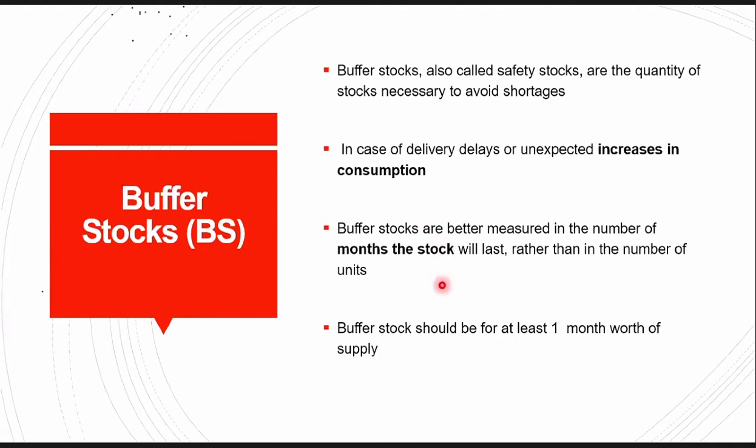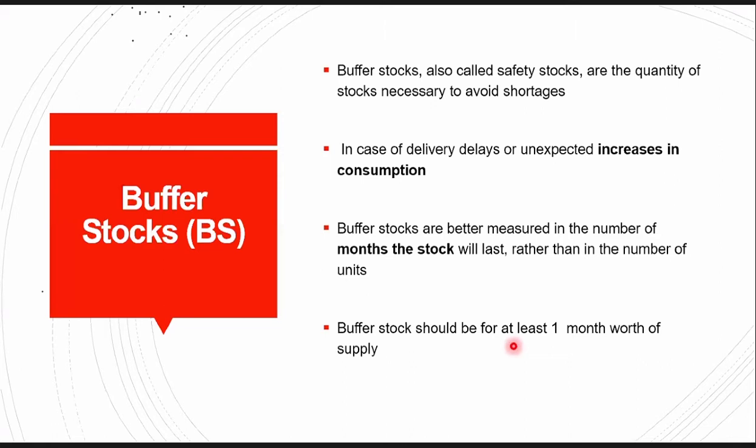Now it's important to understand that buffer stocks are measured in terms of months of stock. They are not measured in terms of actual units like 1 by 1,000 blister packs. The standard is that you calculate your buffer stock to be 1 month's worth of supply.